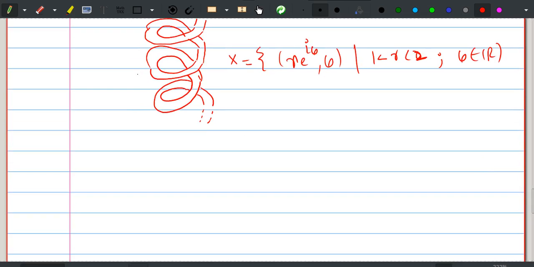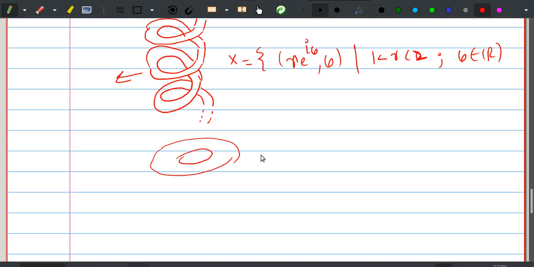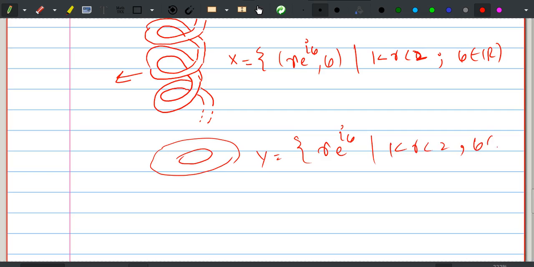Now this infinite helix is the covering space of this annulus here. So we have this annulus here. So this is over y, which is r e^{iθ}, where 1 is less than r is less than 2 and this theta is a real number.